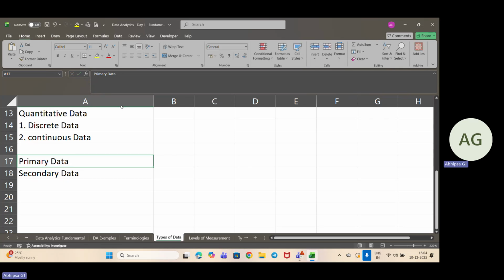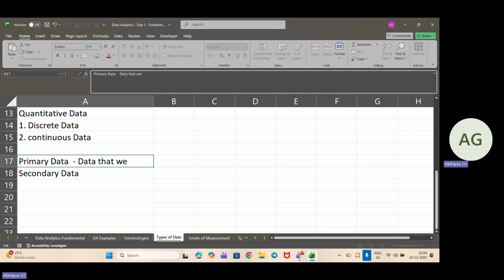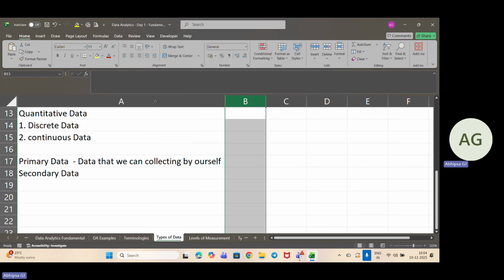Primary data is the data that we are collecting by ourselves. An example is a survey.